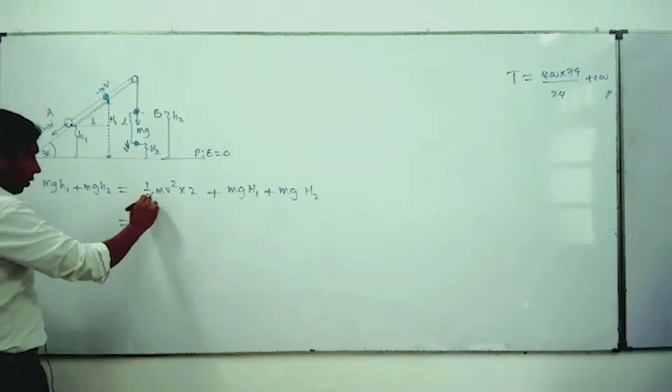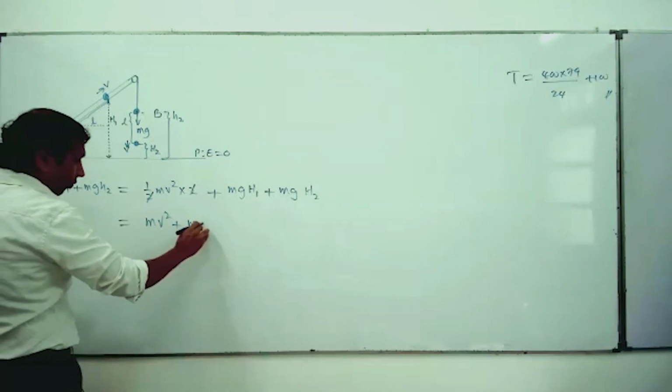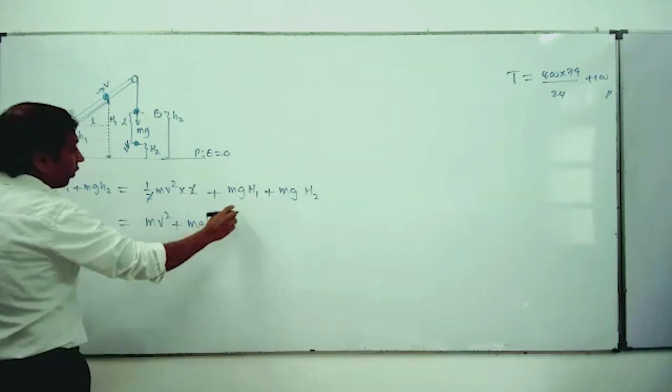Now here, this and this you can cancel down. mv squared, mg, this H1.